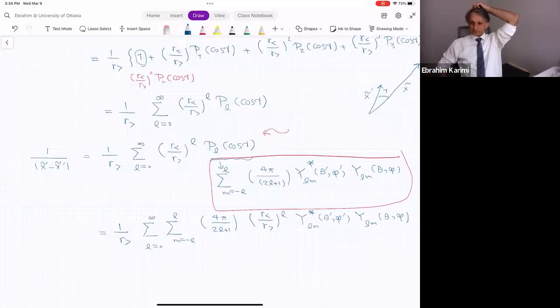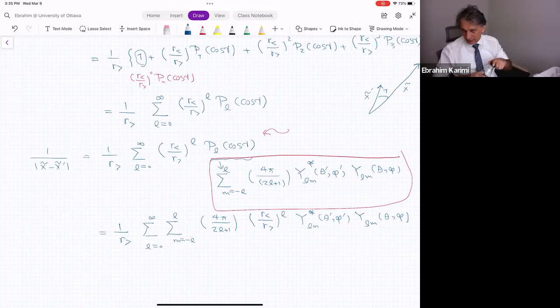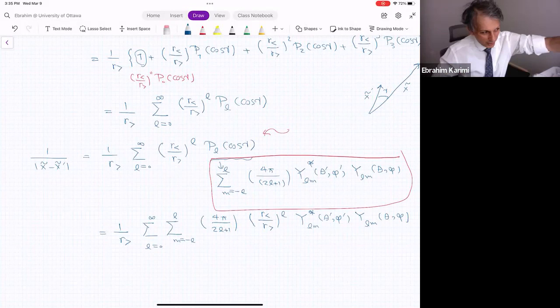All right. So what I have done so far, in spherical coordinates, is expand the Green function in terms of YLM and also r to the power of L. You will see r to the power of L, and r to the power of L plus 1 in the denominator. Okay?